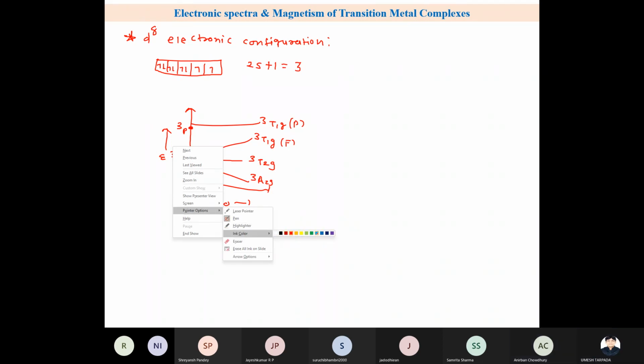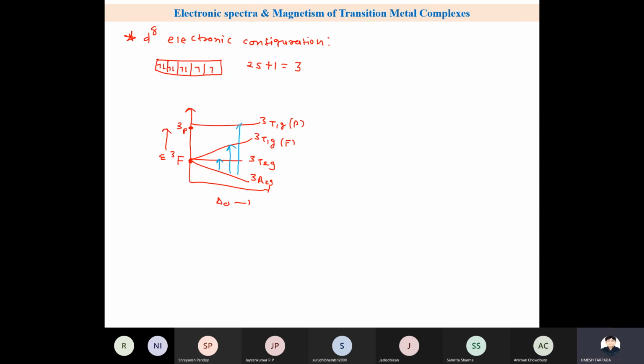See, this is the first one, second, and this is the third one. So the allowed transitions are triplet A2G to triplet T2G, this is the first. Then triplet T1G F, and triplet T1G P. So there are 3 allowed transitions.